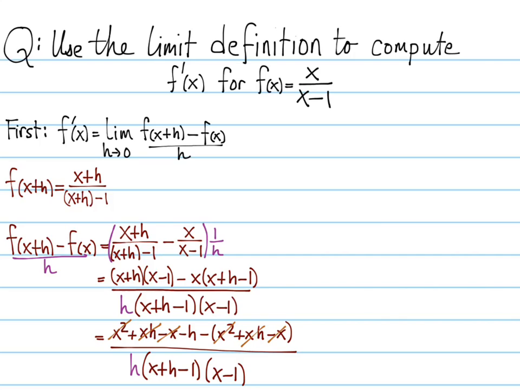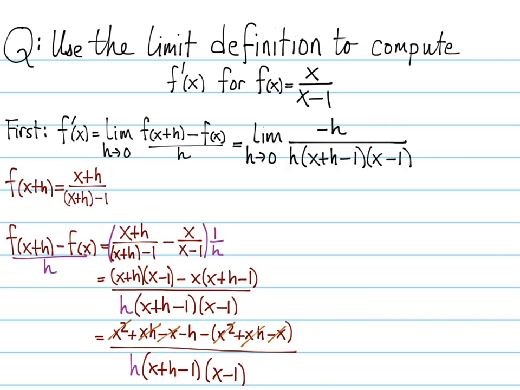If I was to need an h beneath that in the denominator of a fraction, I have to multiply the thing on the right by 1 over h, which gives me an h everywhere underneath. So as I go back up top and actually start working on the limit again, what I get is the limit as h goes to 0 of negative h over h times x plus h minus 1 times x minus 1.